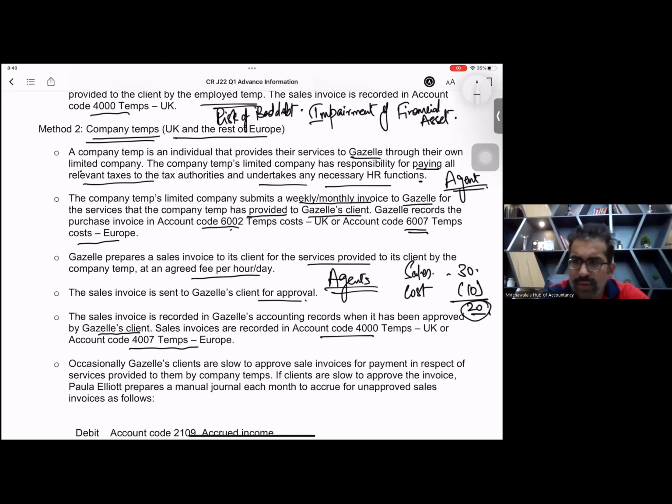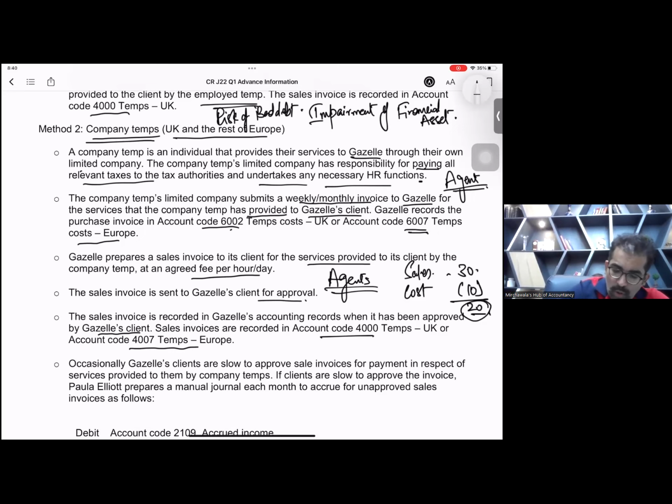For instance, we have provided services in December, but we have sent for approval and they approve late, in the next year. So there is an issue of cutoff. The last year revenue will be underestimated, last year revenue will be decreased and the next year revenue will be increased. So there is a possibility of these issues.